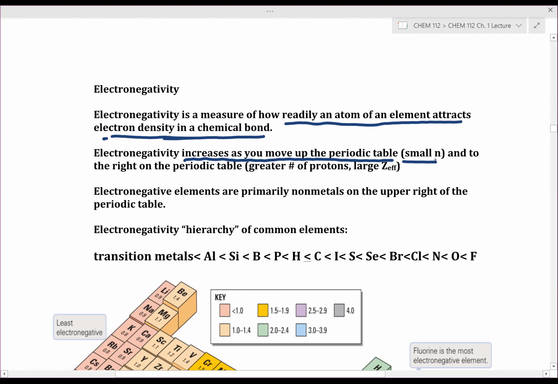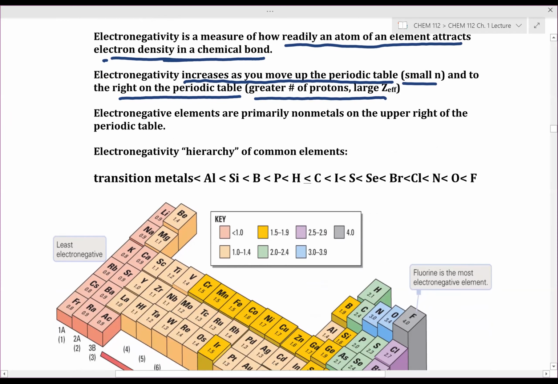And electronegativity also increases as you move to the right on the periodic table. The greater number of protons you have, the larger your effective nuclear charge. The electronegative elements are primarily going to be our nonmetals on the upper right-hand side of the periodic table.